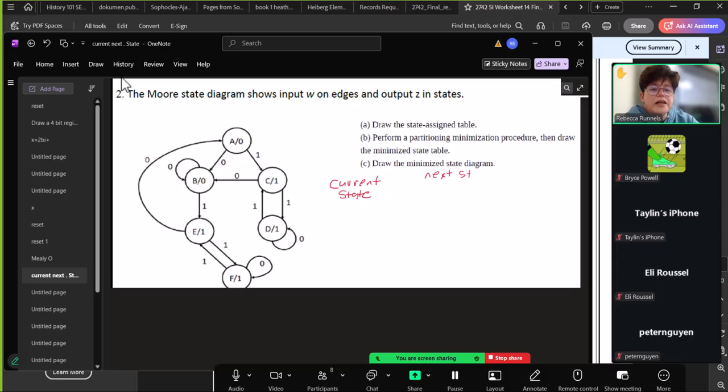Your next state will always have at least 2 different possibilities depending on how many inputs you have. We only have 1 input, so W is our input, so W equals 0 or W equals 1. This is a Moore machine, so our output does not depend on W, so I can just say output.